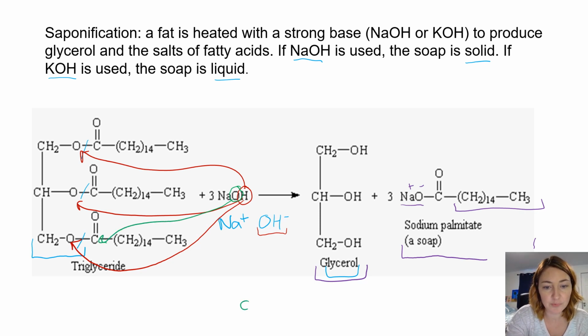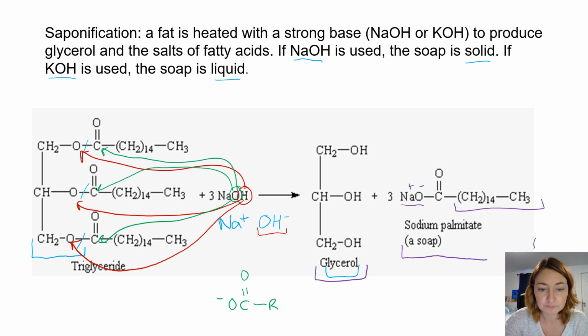So what we wind up with on our carbonyl is an oxygen with a negative charge attached to your fatty acid group. We have 3 of those, one added in each position. That negative charge on the oxygen attracts the metal ion that has a positive charge, and our sodium is attracted through that ionic bond to the oxygen.